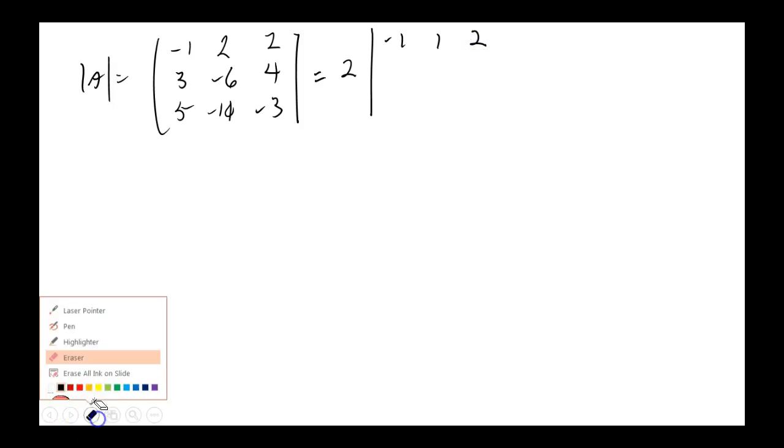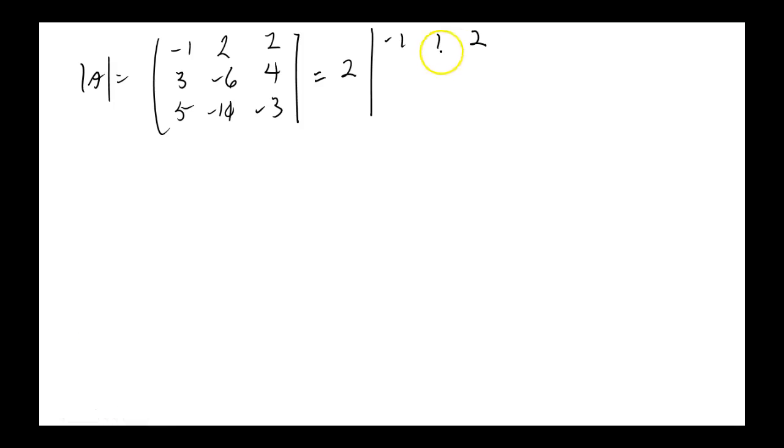Okay. 3 minus 2, 4, and 5 minus 5, negative 3. Okay. So you pull it out of the, factor it out of the row, you factor it out of the determinant. Okay? Now, what next?